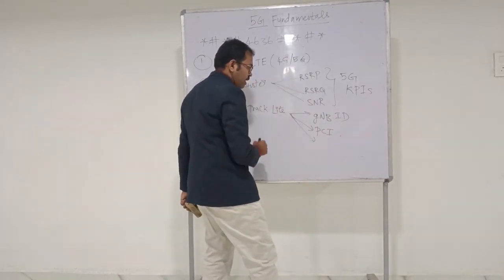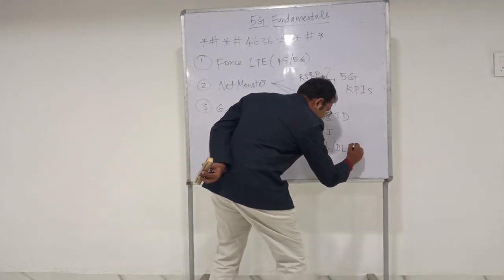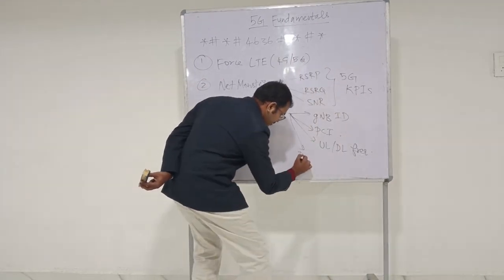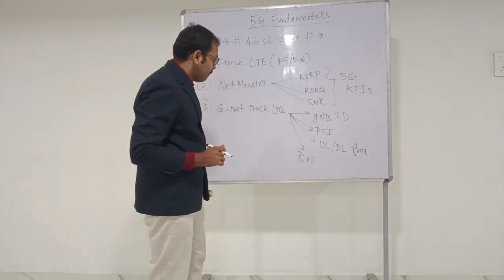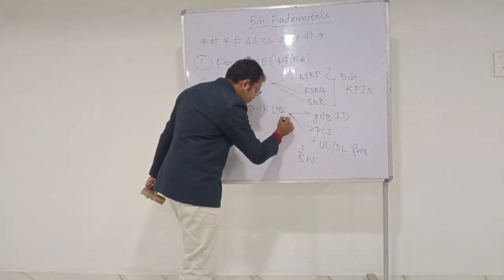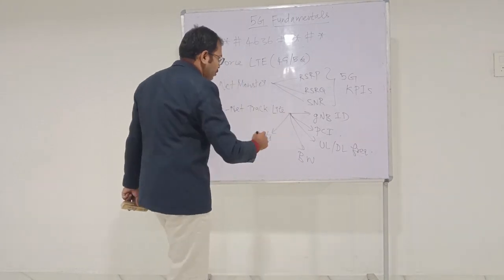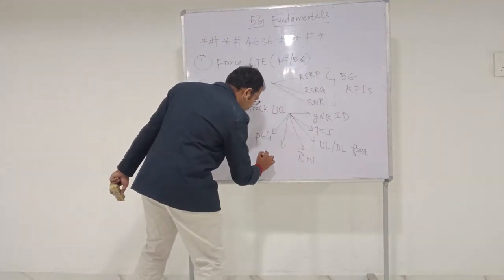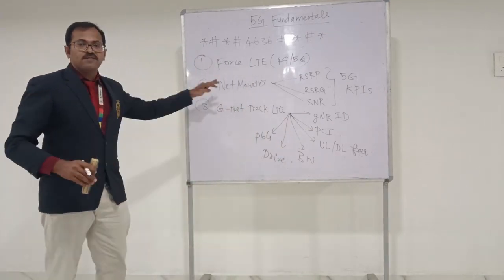Then you can also look at your uplink and downlink frequencies and your channel bandwidth. All these parameters can be witnessed on your mobile. You can also see the plots, and you can also use it in drive mode. Many features are available.